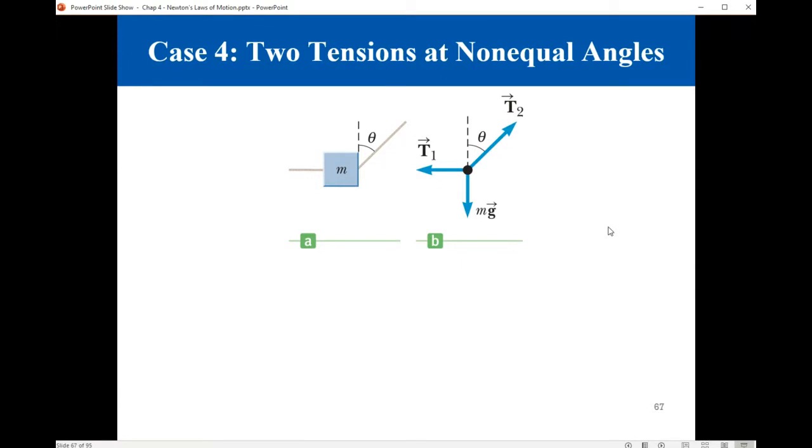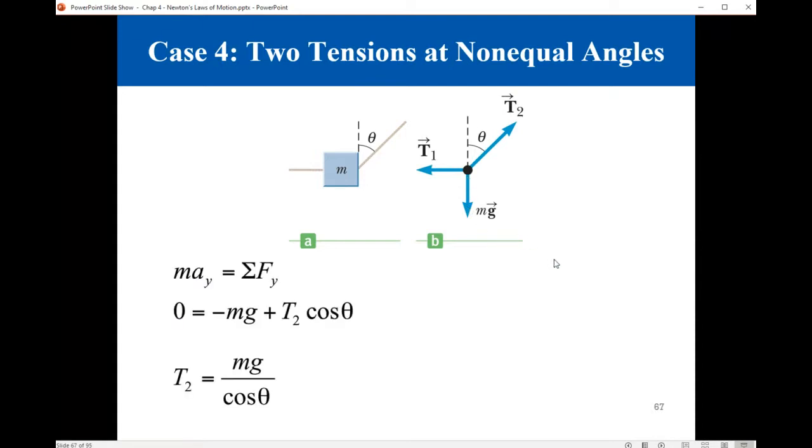Another situation, two tensions at non-equal angles. Again, we decompose T2 into horizontal and vertical components. The horizontal component will balance T1, and the vertical component will balance mg. Okay, so in this case, T2 is mg divided by cosine theta. For the horizontal, there is no motion.